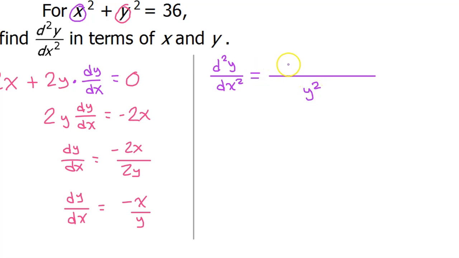Now, how is that poem again in the numerator? It's low d high, less high d low. Low means the denominator. So low. And then d high means the derivative of the numerator. So if I do the derivative of the numerator, I'm going to temporarily just bring down that negative sign, but the derivative of x with respect to x is 1.